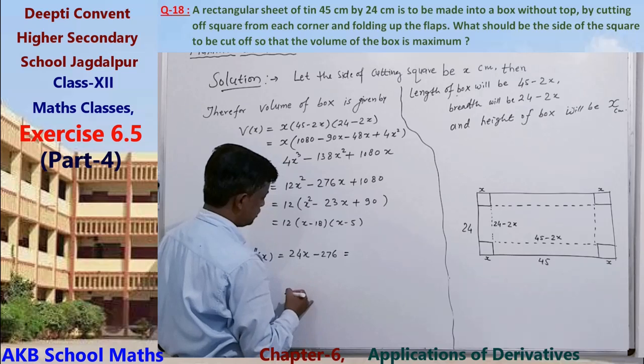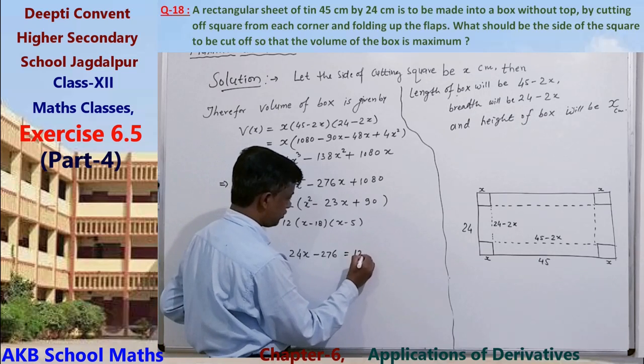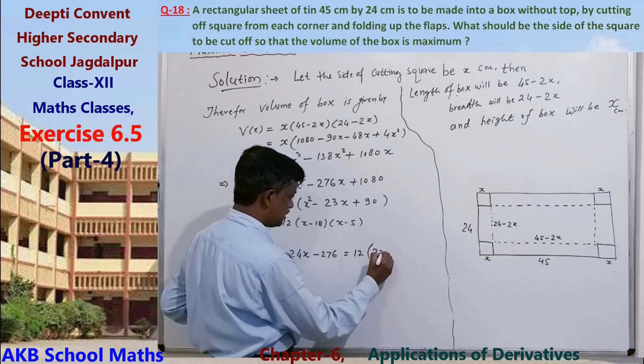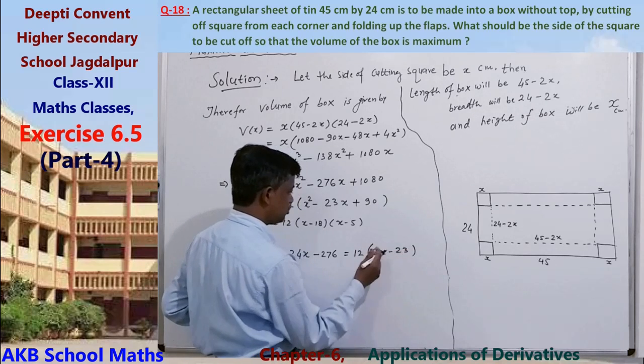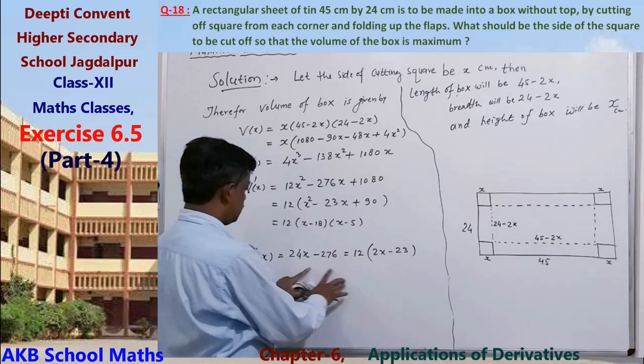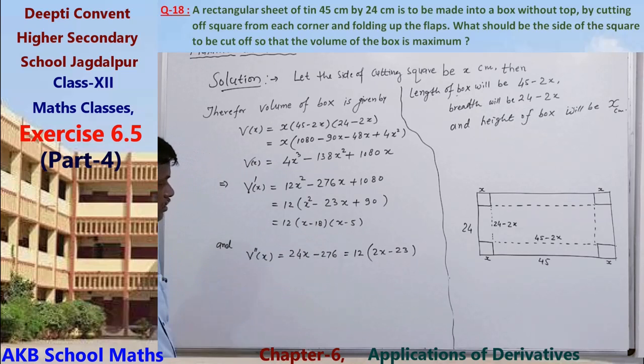Taking common 12, we get 12 into (2x minus 23). This is the second derivative.